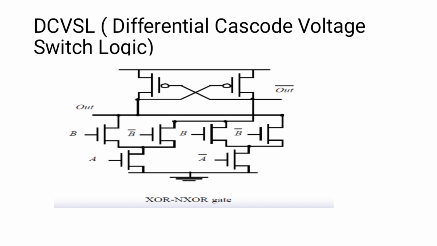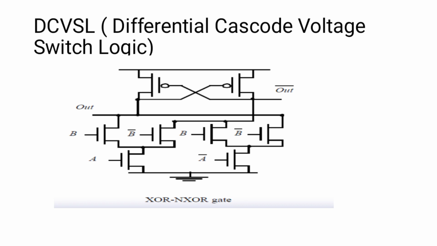Here we see two pull down networks, with B bar A and B bar A bar. Upper side, you have two cross coupled PMOS transistors. On one side we get a positive output and on the other side a negative output, that is out and out bar. In a single circuit we can get both complementary outputs.